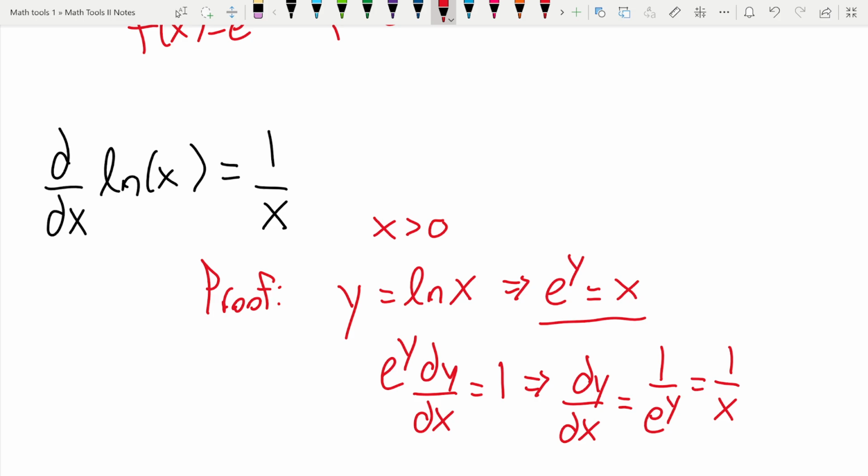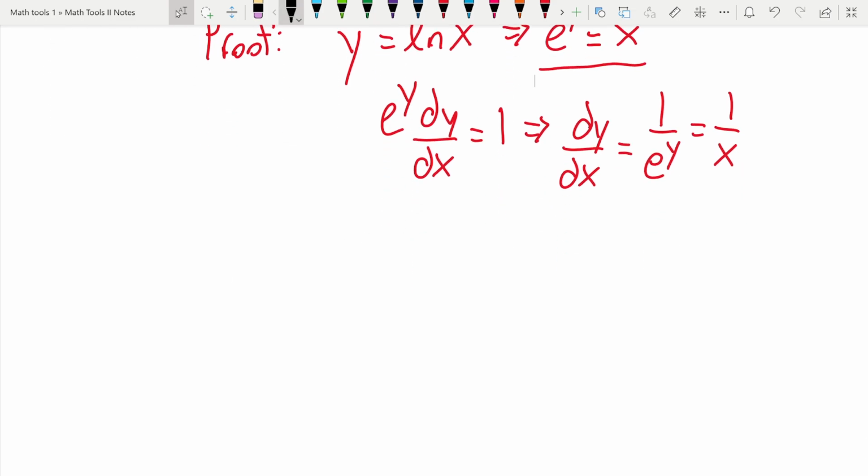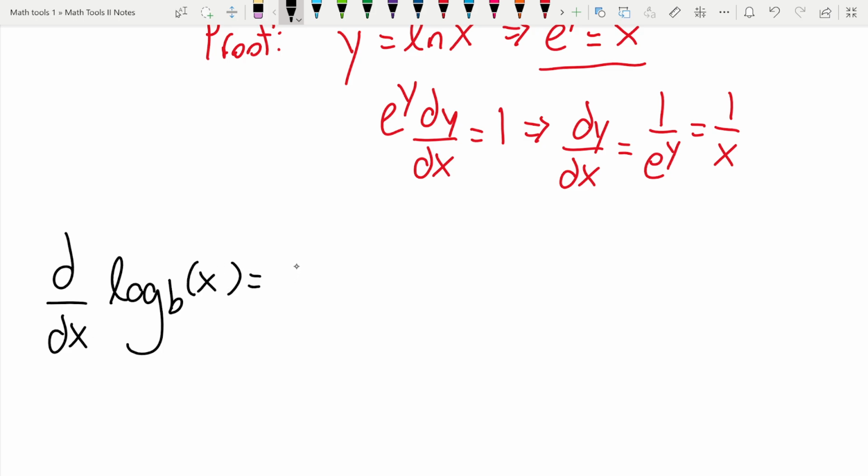So this is for the natural logarithm. If we do have a regular logarithm, or I should say a logarithm with a different base, say log base b of x, then the derivative is 1 over x.